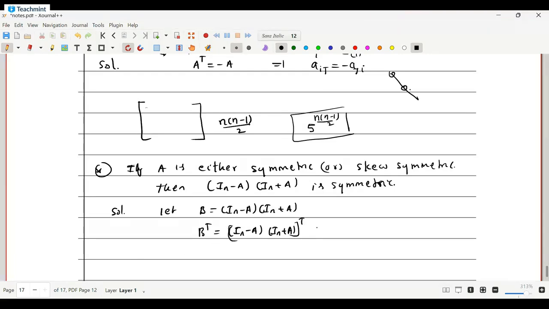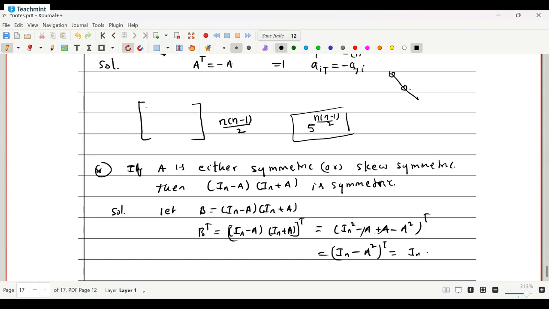So In minus A into In plus A is In square minus A plus A, In into A plus A minus A into In is minus A plus minus into plus minus A square. Whole transpose. These two get cancelled. So then you will get In square minus A square. So then you can write whole transpose.